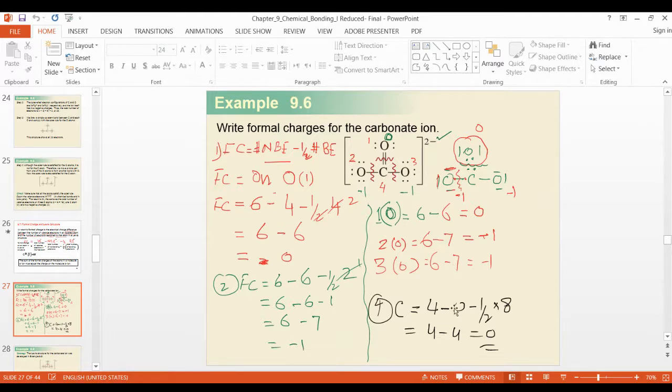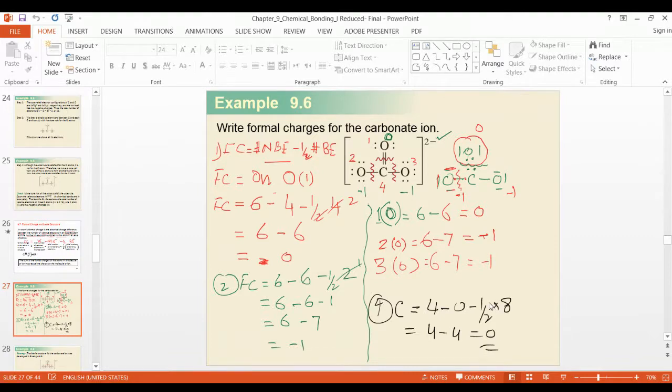Okay, now carbon. Formula: the number of valence electrons minus non-bonding electrons. Is there any non-bonding electron on the carbon? No, 0, so you write 0 here. 4 minus 0, minus half of the bonding electrons. Look at the count: how many bonding electrons are around the carbon? 4 plus 2 plus 2, total 8.